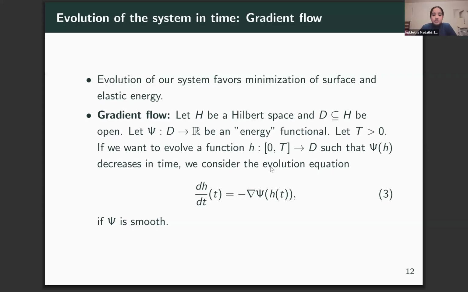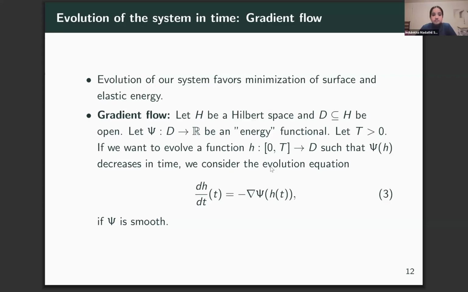If H is a Hilbert space and D is an open subset of H, we have an energy functional psi from D to R, and T denotes time, which is greater than 0. If we want to evolve a function H from 0 to T into D such that psi of H decreases in time, we consider this evolution equation, which is called the gradient flow.